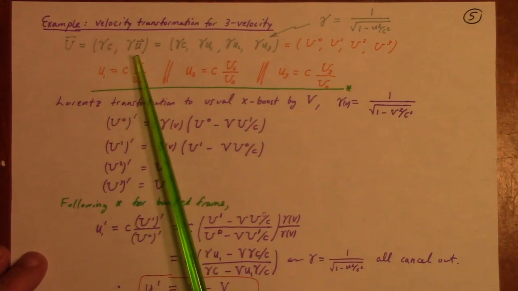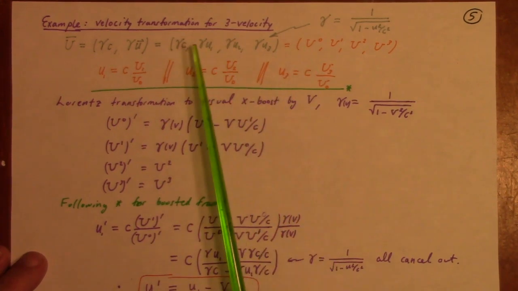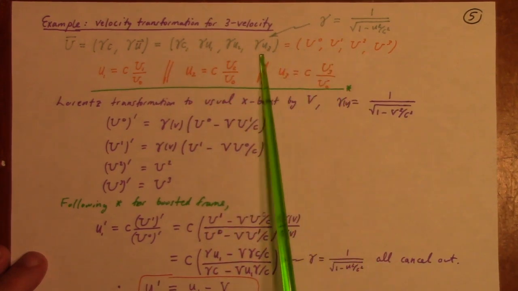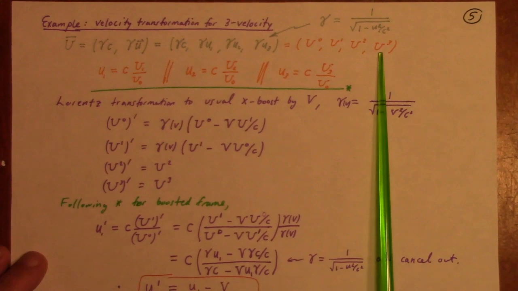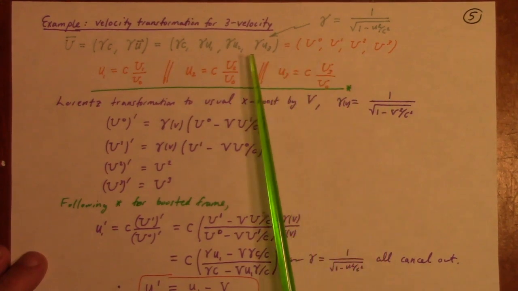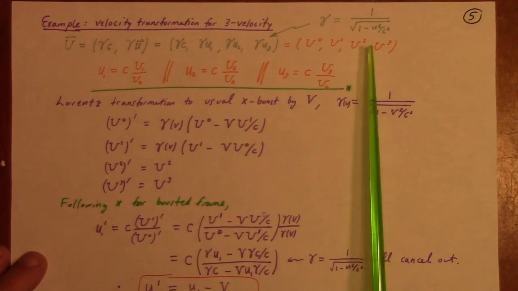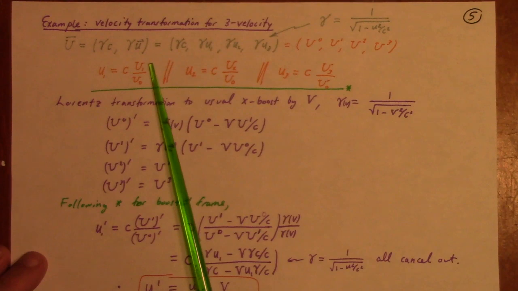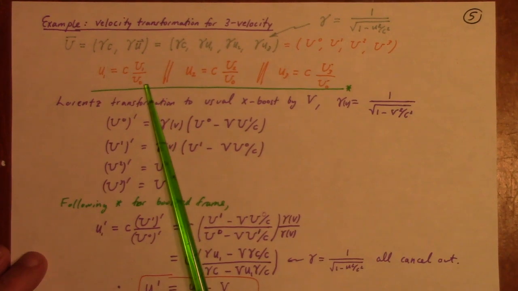So look at this. The interesting thing is this is equal to U sub 0, that's equal to U sub 1, that's equal to big U upper 2 and big U upper 3, rather. So if you look at that, you can write the ordinary velocity as the ratio of the first and the 0th 4-velocity components.